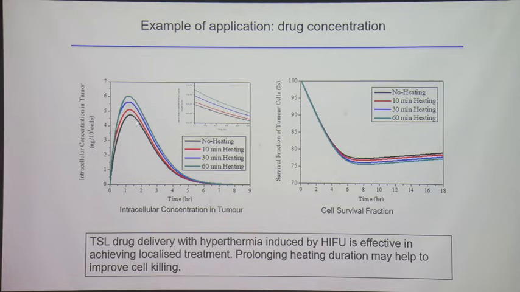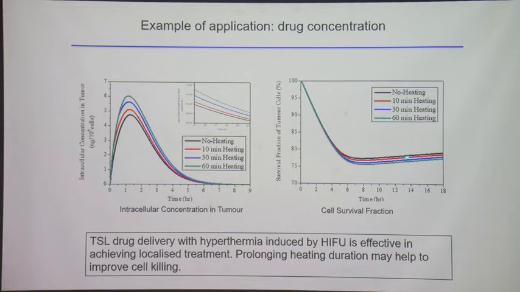So this is the black curve. And if you start heating over a longer period of time, then you get more drug released from the TSL nanoparticles. And then the impact on the cell survival fraction is over here, which obviously goes with the expectation.